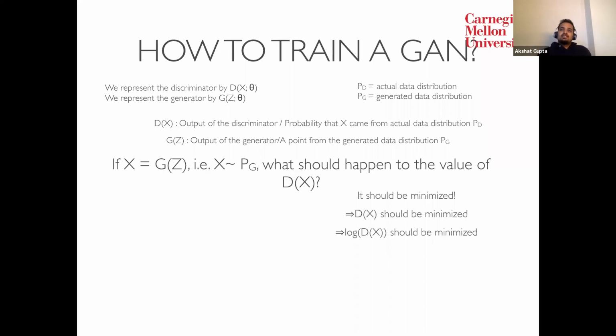What this means is that D(x) should be minimized, which means log of D(x) should be minimized, which means log of 1 minus D(x) should be maximized, which means that the expectation of log of 1 minus D(x) when x belongs to the generated data distribution should be maximized.